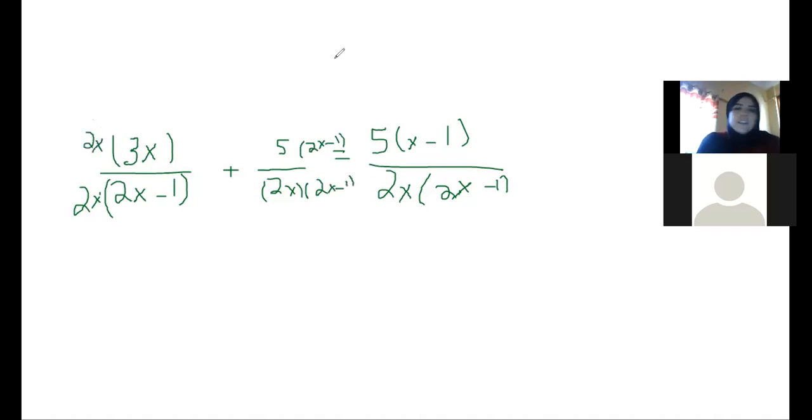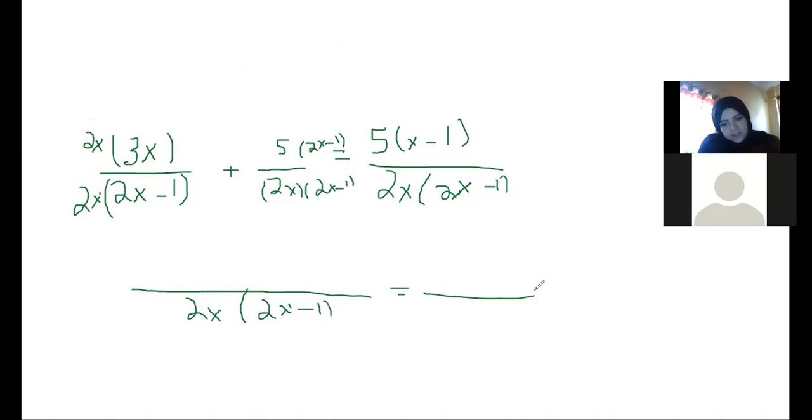Okay. Let us put them on one fraction. One denominator, which is 2x into 2x minus 1. Very good. Equals 5 into x minus 1 over 2x into 2x minus 1. Okay, what about the numerator? For the first one, 2x times 3x, it'll be 6x squared, right?